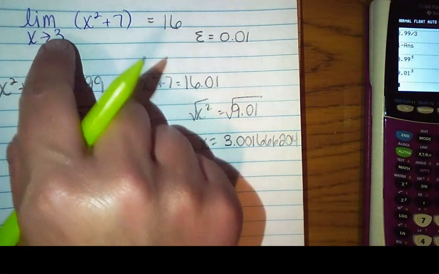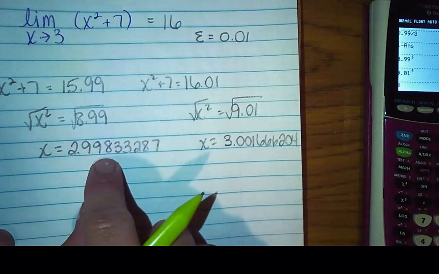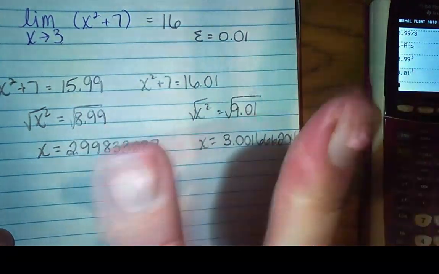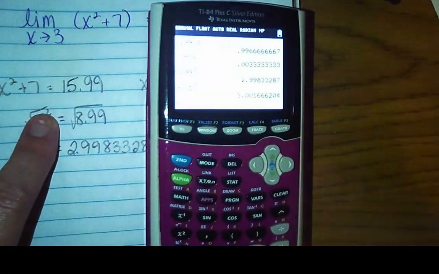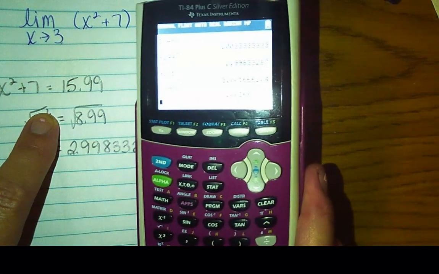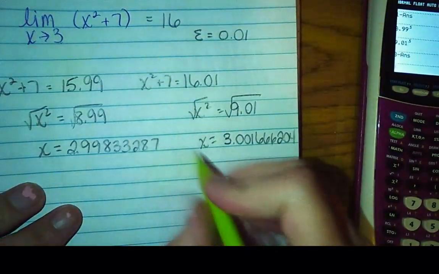But I need to know how close to my target x to be. So I'm going to take 3 and subtract this number, and I'm going to take 3 and subtract this number, and I'm going to find out and choose between my deltas. So 3 minus this one is going to give me 0.00167, which I already knew.